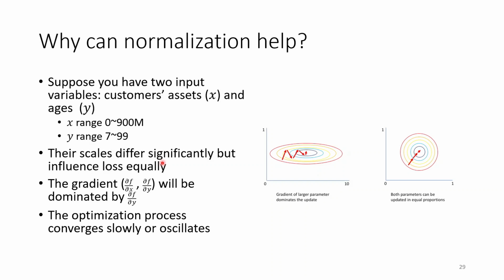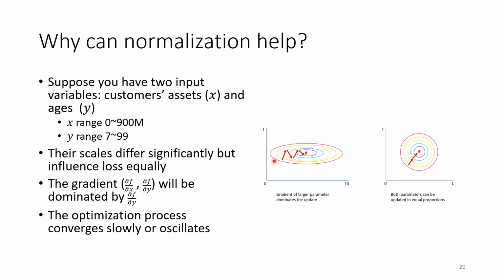But for another input variable, the assets, because the range is so large, you only add a slight value to this input variable, and your output result may not change a lot. Therefore, when you do backpropagation, it will be very sensitive to one input variable and insensitive to another one.